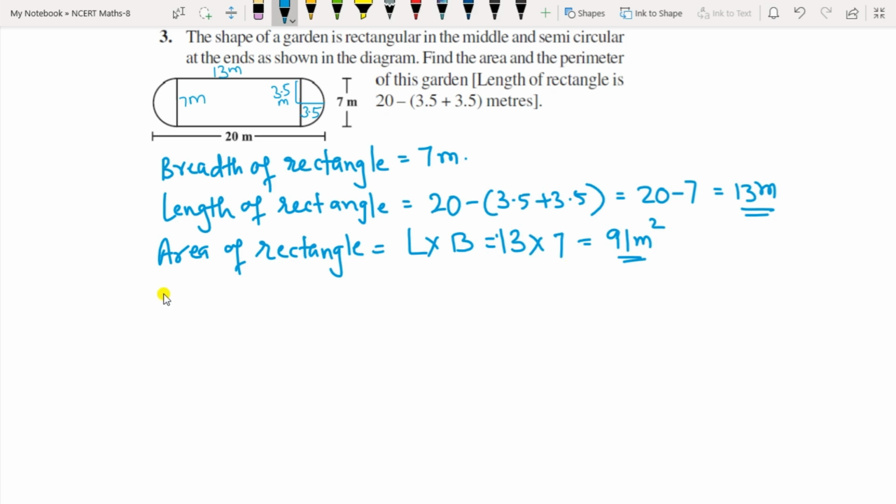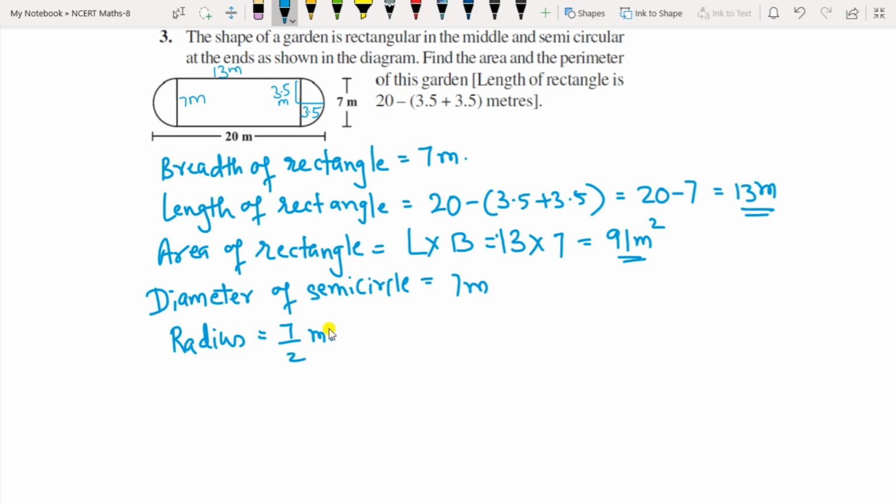Okay. Now the diameter of a semicircle is 7 meter. So its radius will be 7 by 2 meter, or it is 3.5, but we will keep it as 7 by 2.